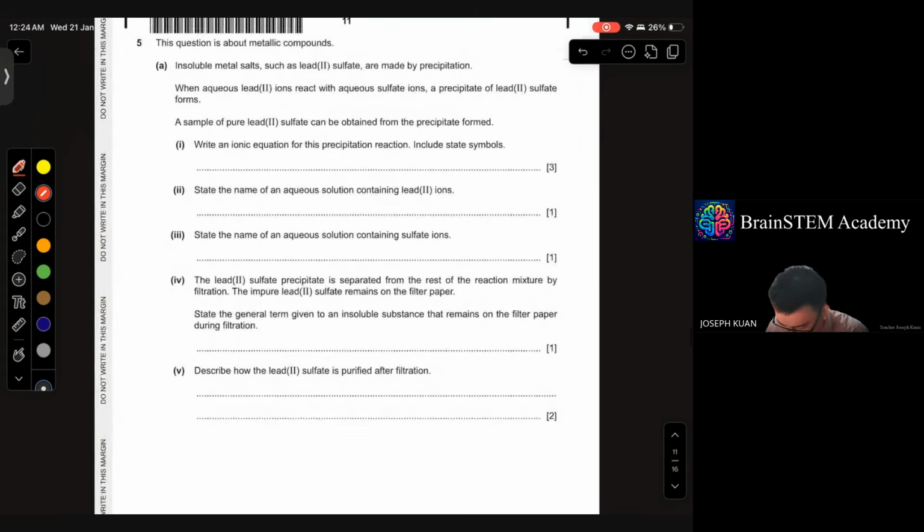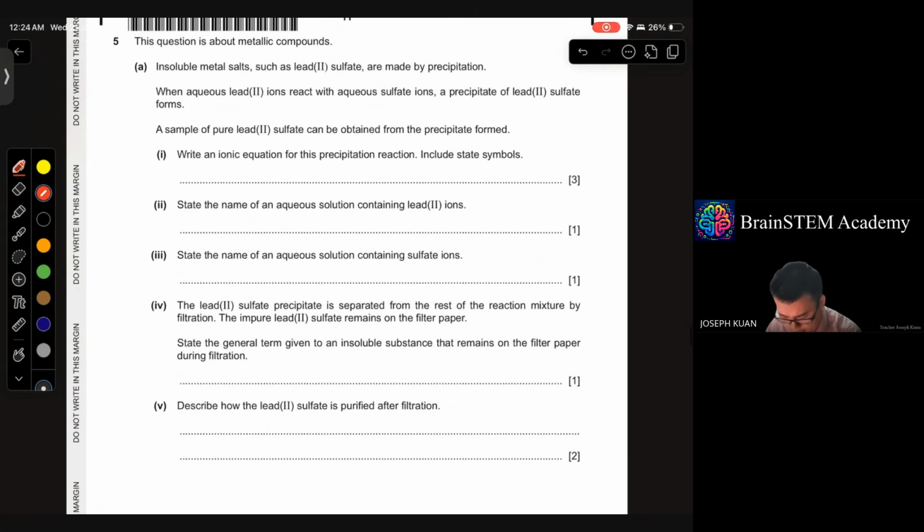Okay, question 5. The question is about metallic compounds, and insoluble metal salts such as lead-2 sulfate are made by precipitation. When aqueous lead-2 ions react with aqueous sulfate ions, a precipitate of lead-2 sulfate forms, and a sample of pure lead-2 sulfate can be obtained from the precipitate formed.